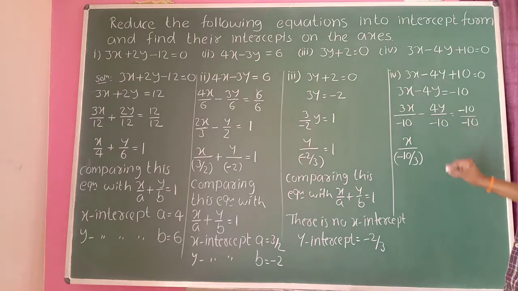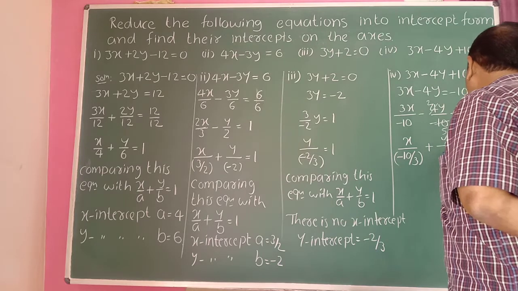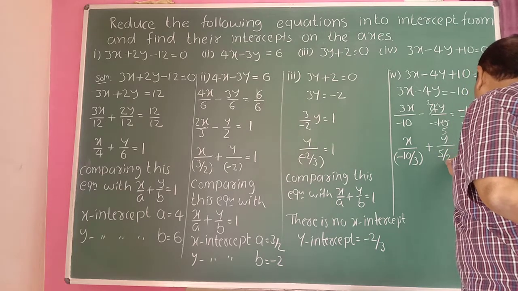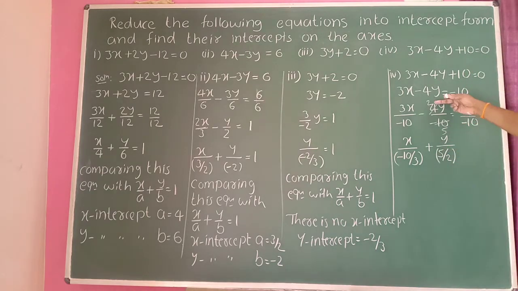Minus upon minus becomes a plus here. Then 2 fives are 10, cancels. Take 2 to the denominator. So y divided by 5 by 2. And minus 10 and minus 10 cancel, remaining is 1. Therefore this is equal to 1.